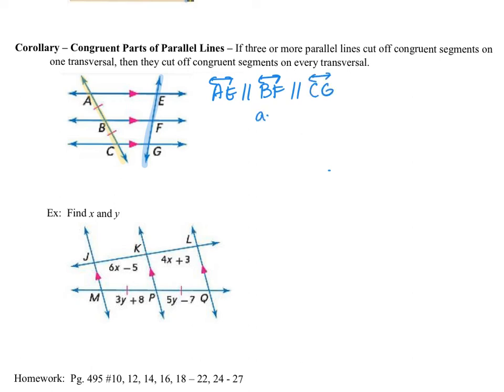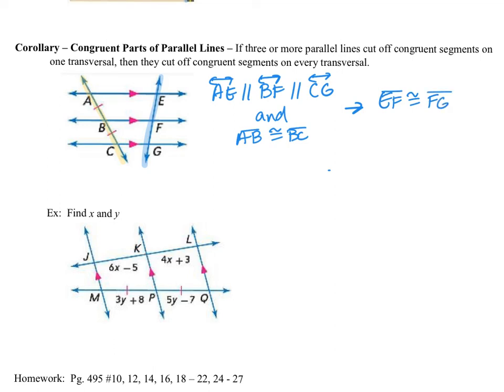There's also the condition that these parallel lines are cutting one transversal into congruent pieces. So we also have to assume that segment AB is congruent to BC. If all of that is true, then we can conclude that the blue segment is being cut into congruent pieces as well. In other words, EF is congruent to FG.